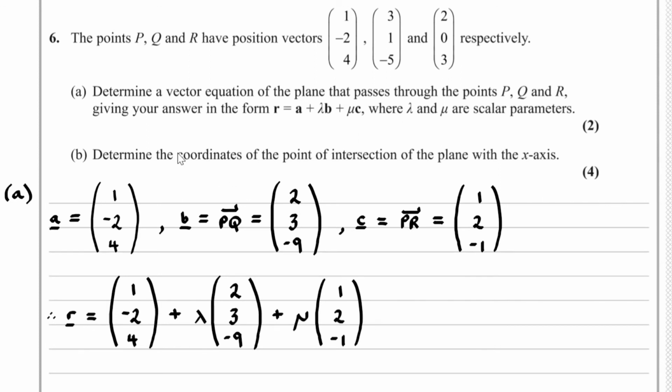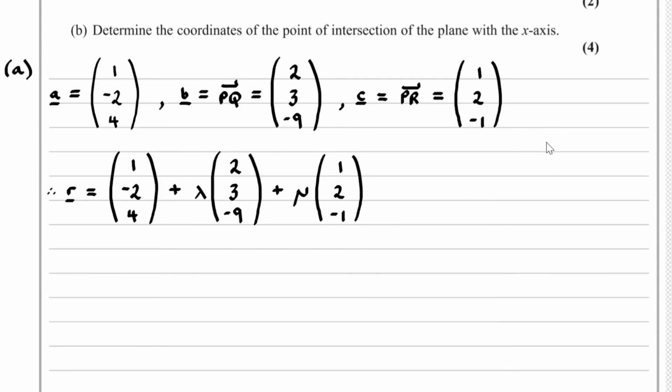For part b of the question, we have to determine the coordinates of the point of intersection of the plane with the x-axis. Well, the plane intersects the x-axis when y equals 0 and z equals 0.